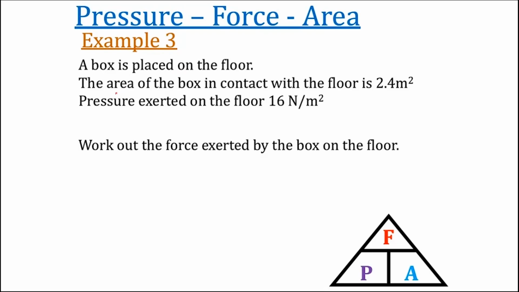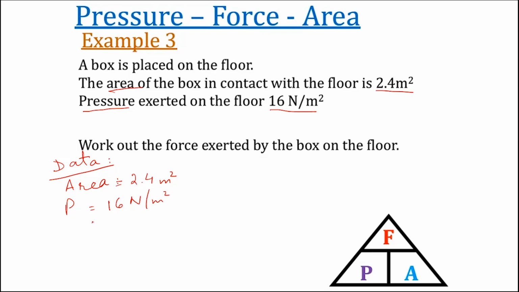Now area is given to us, that is 2.4 meters square, and pressure is given to us, that is 16 newton per square meter. And what we need to find out? Force.